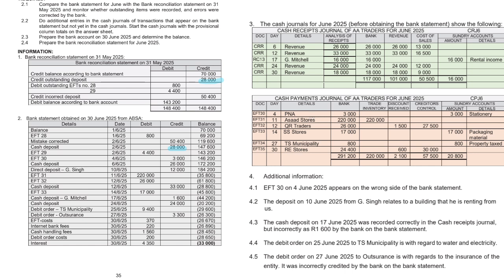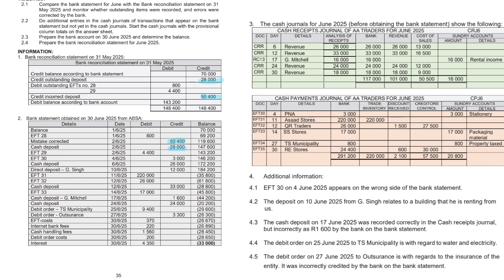Let's go look at our next credit. We had a credit incorrect deposit of 50,400 on our bank reconciliation statement for 31 May. If we now go to our bank statement obtained on 30 June, do you see that that 50,400 is now in? So go highlight it. Let's do the same with our debits.